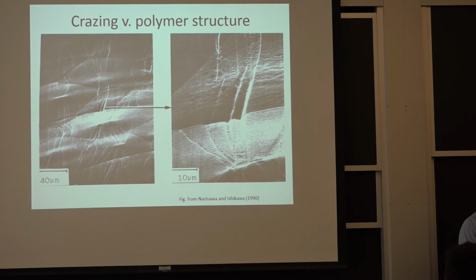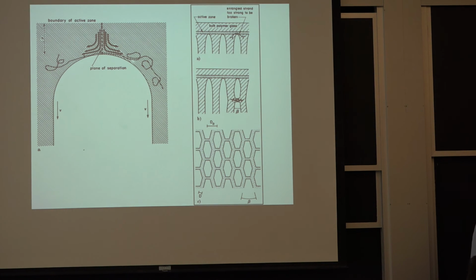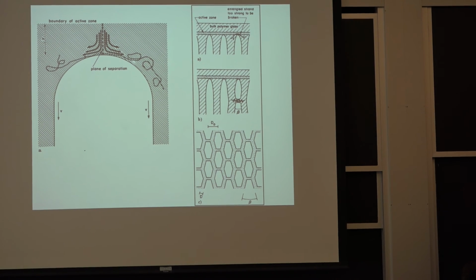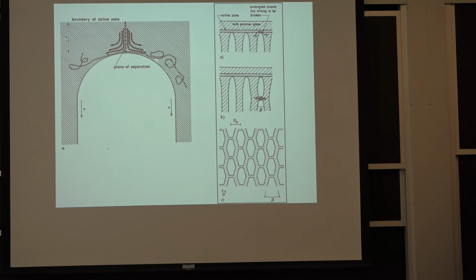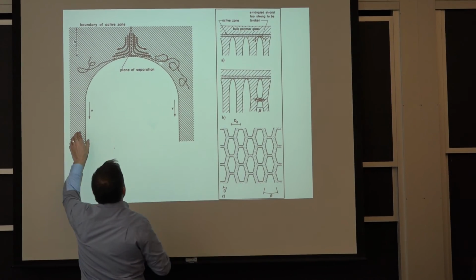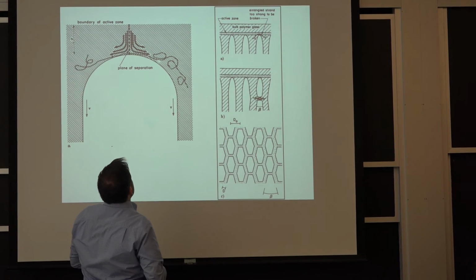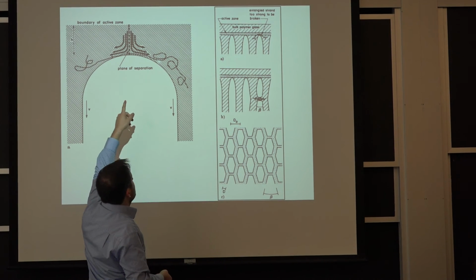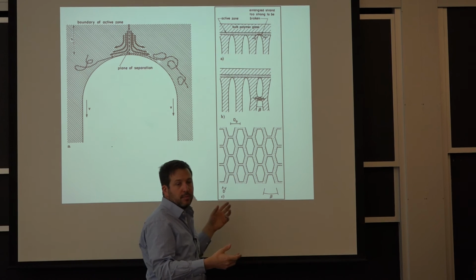So you can now probably make a lot more sense out of this little schematic. What we're doing here is we're looking at these crazes at a more refined scale. So this is a fibril here, you have another fibril there, and then you have to decide at the tip which way you're going to go.